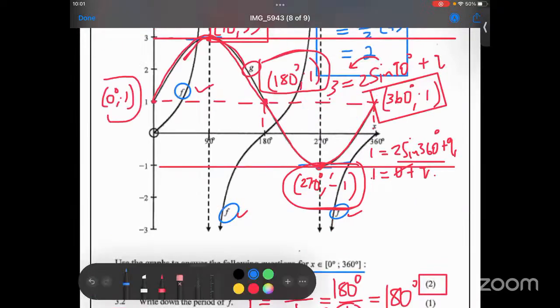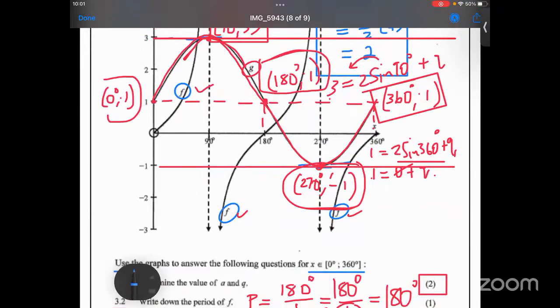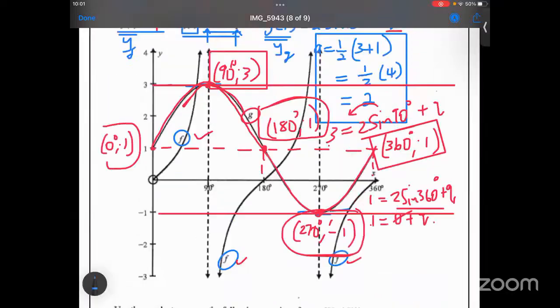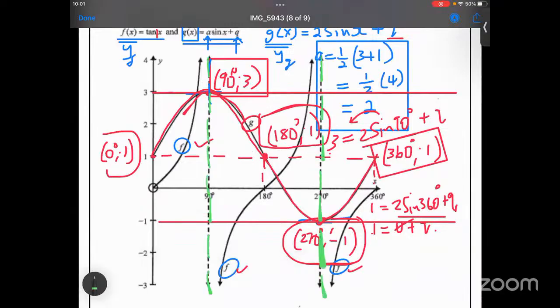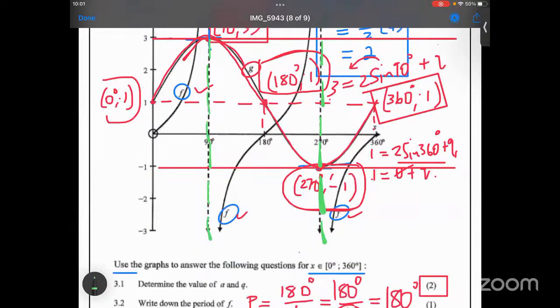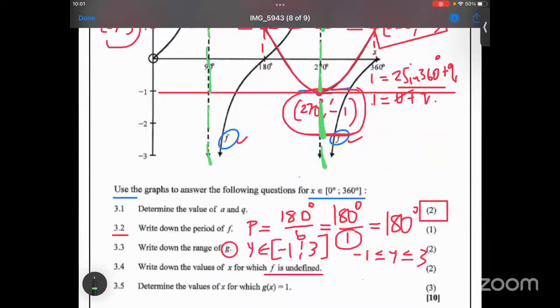We can see already that we have a dotted line where that x value is, at 270. So those values should be x at 90 degrees, and again x at 270 degrees.